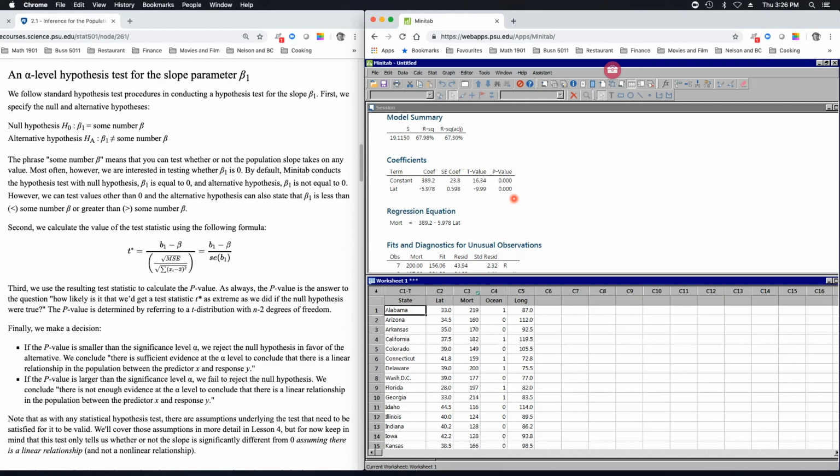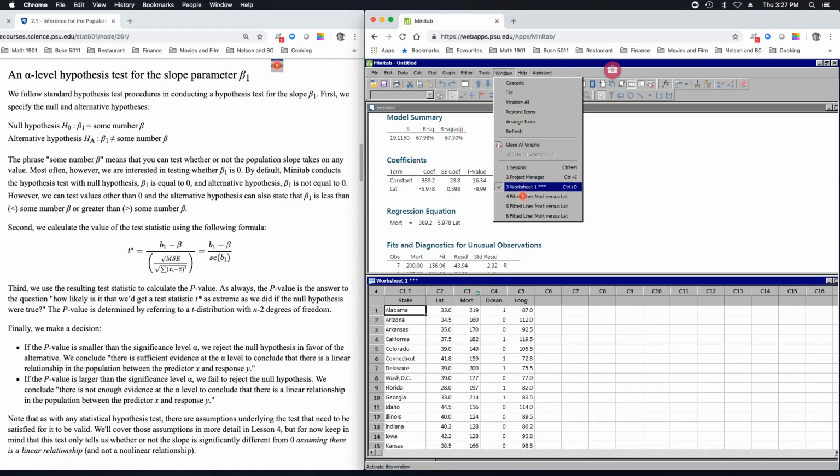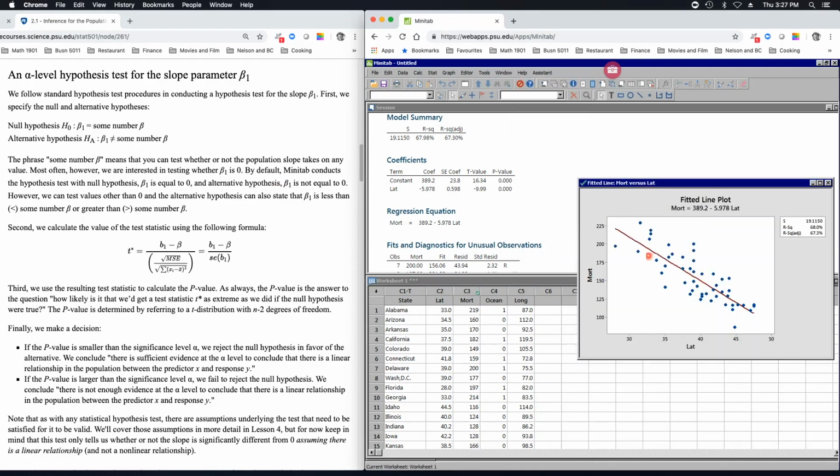So that means there's sufficient evidence at the 0.05 significance level to conclude that there is a linear relationship in the population between our predictor latitude and our response, skin cancer mortality. And that confirms what seemed to be evident from our graph.